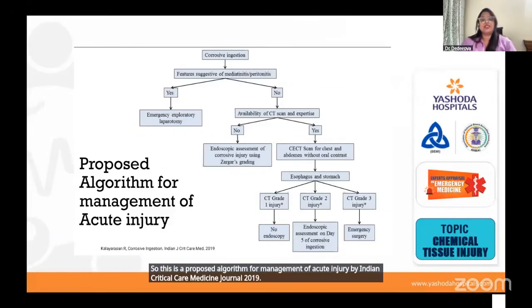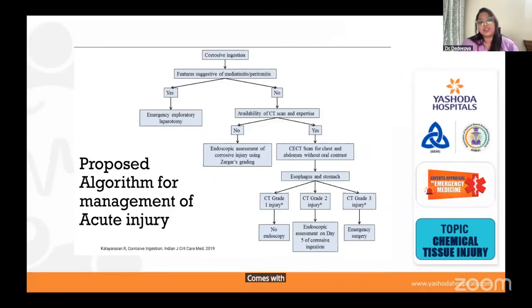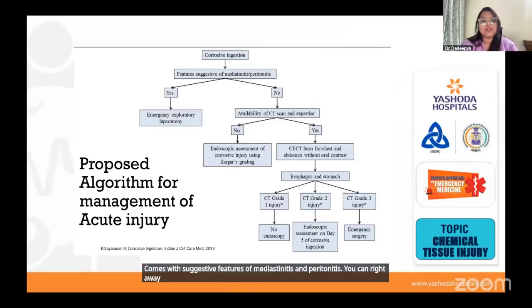If a person with corrosive ingestion comes with suggestive features of mediastinitis and peritonitis, you can right away take them up for emergency laparotomy. If there are no signs of mediastinitis and peritonitis, and a CT scan is available, go for a CT scan and grade it as type 1, 2, and 3.